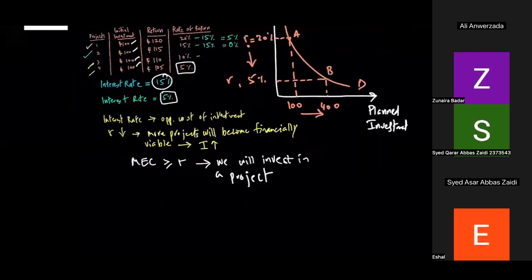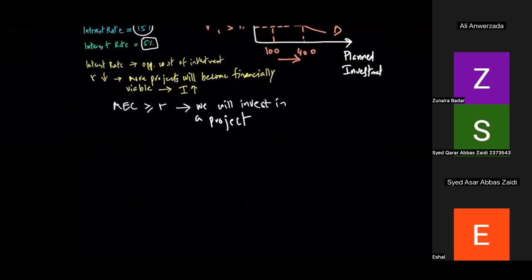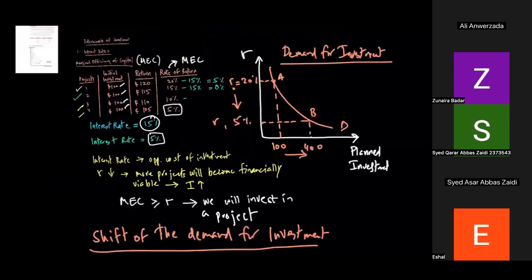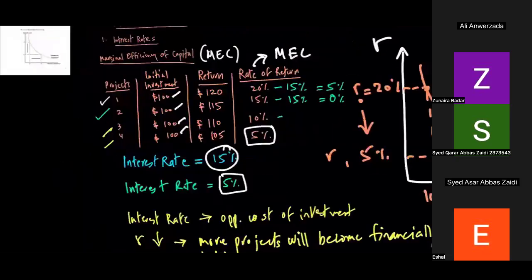But what about the shift of the curve? The shift of the curve can happen because of many reasons as well. Shift of the demand for investment. One such factor is number 2. Let's write that out now, because the first determinant we said was interest rate, which is movement along the curve.